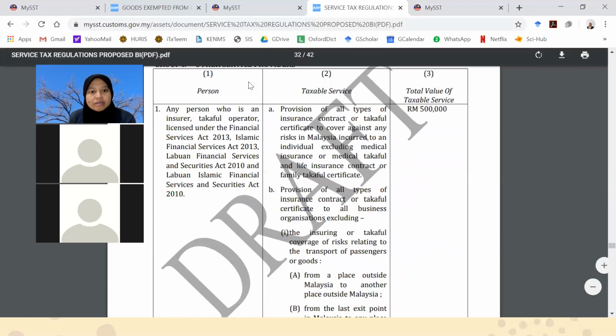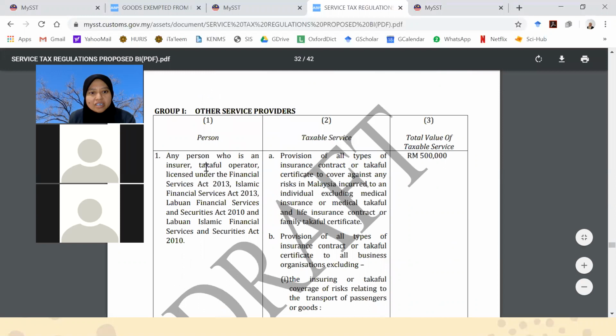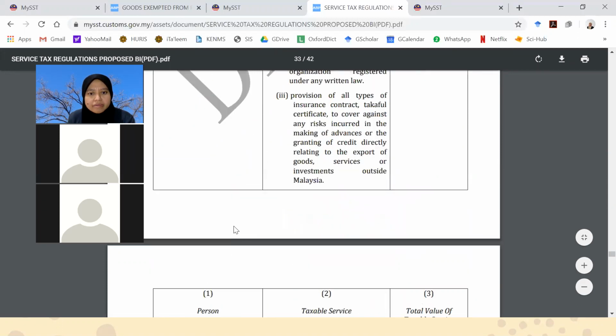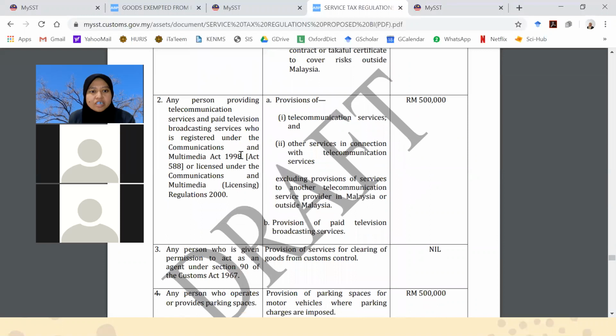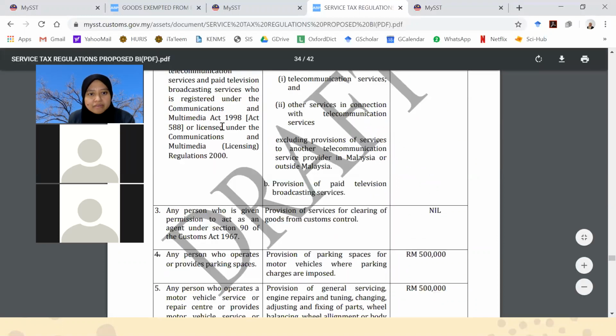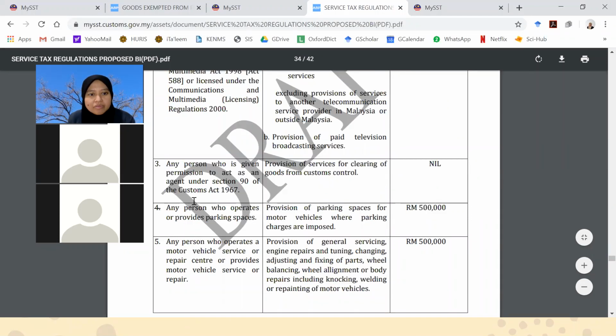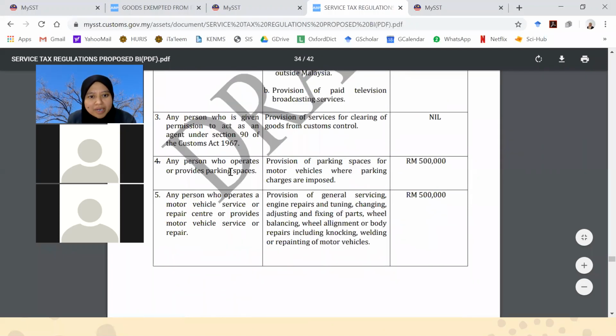And then you have other service providers like insurance, takaful, except for life insurance. And then you have telecommunication service, broadcasting, paid TV like Astro, and then a custom agent, number 3. Number 4, parking space. Number 5 is motor vehicle repair.